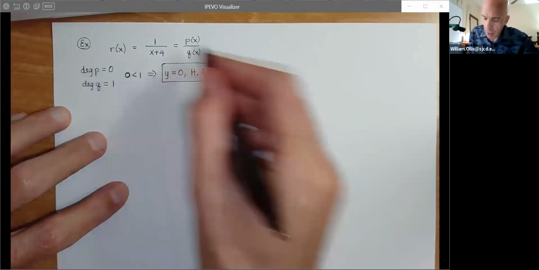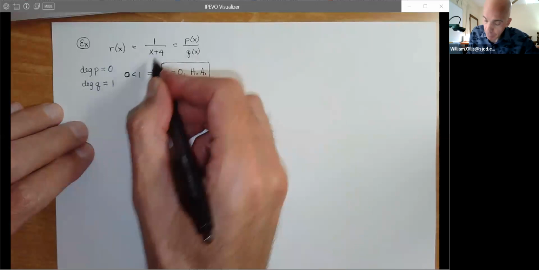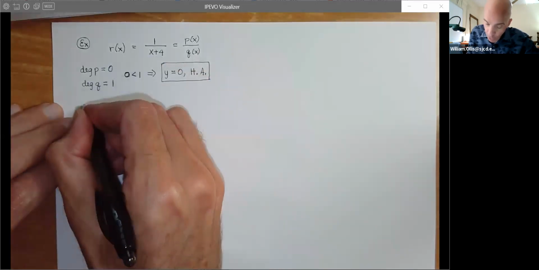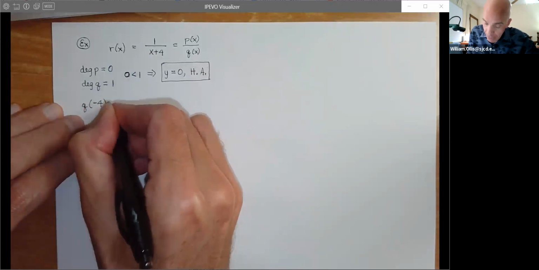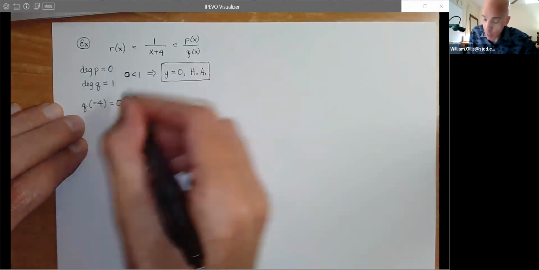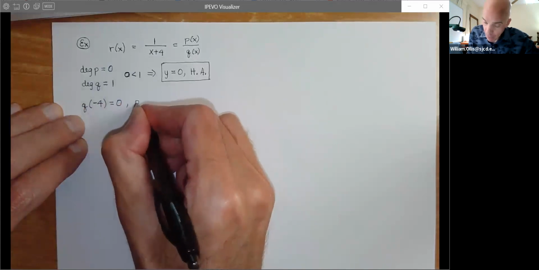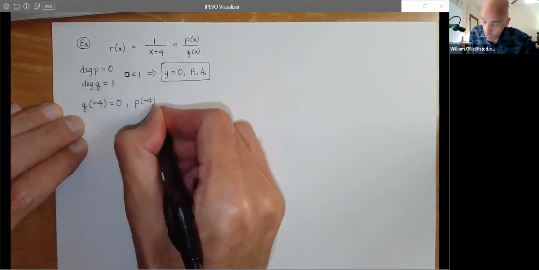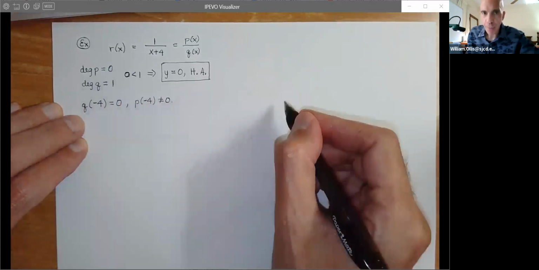Now we think, all right, well, let's look at the denominator here. We see that Q of -4 equals 0. That is, -4 is a 0, but P of -4 does not equal 0. So I'm kind of fleshing this out a little bit more to make the point.